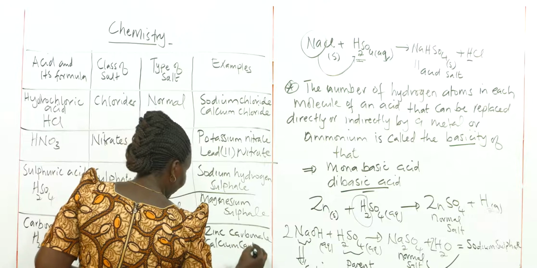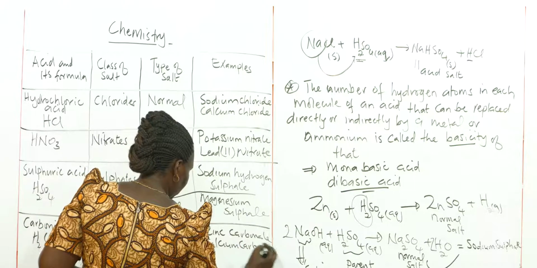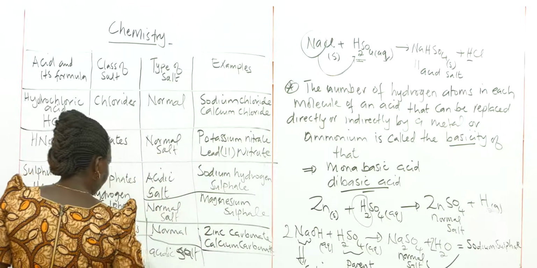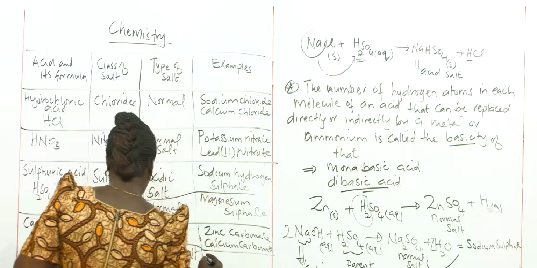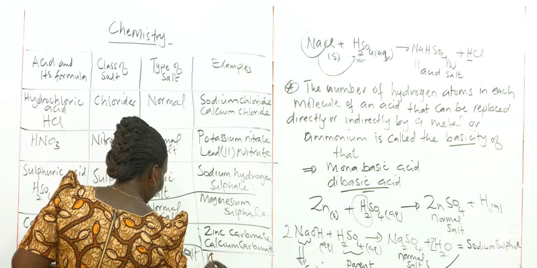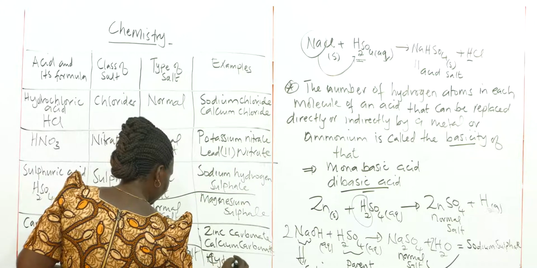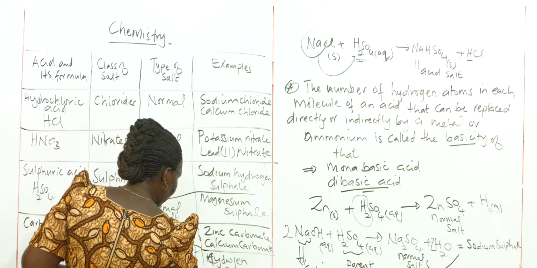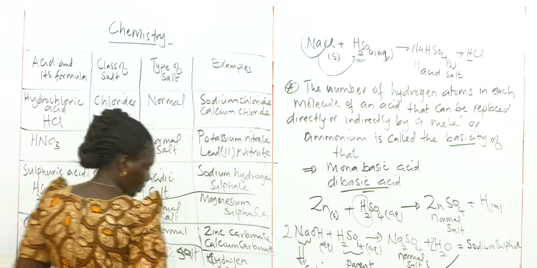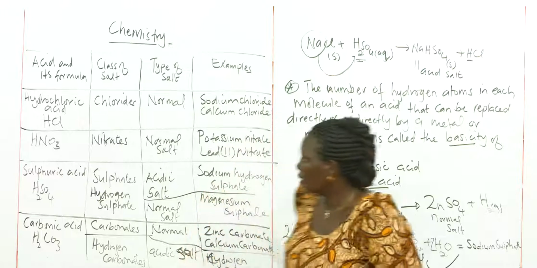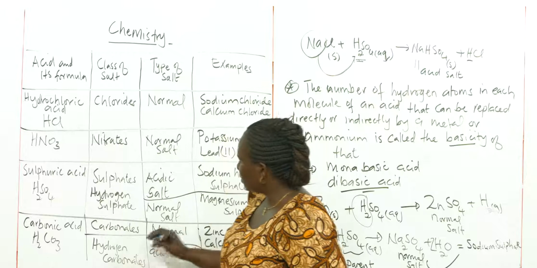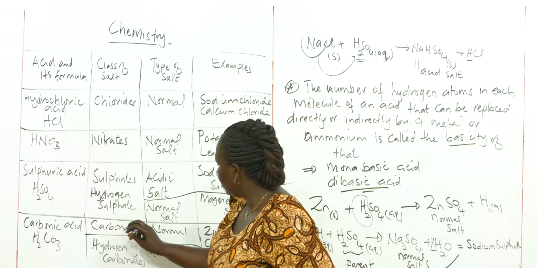These are normal salts. But when it gives calcium hydrogen carbonate, then we get an acidic salt. So carbonic acid can give us carbonates or hydrogen carbonates.